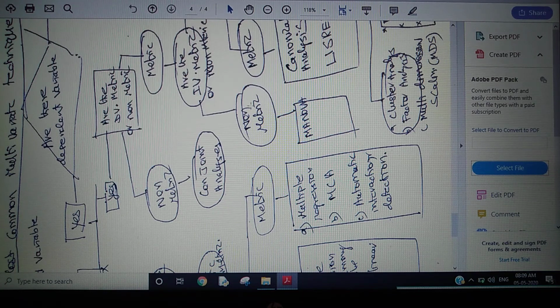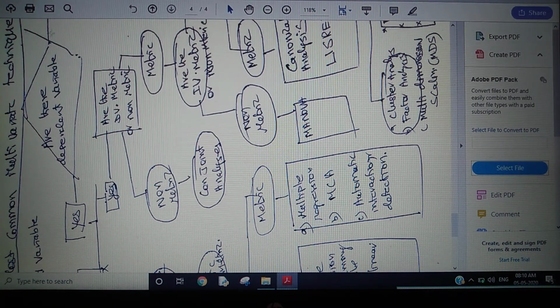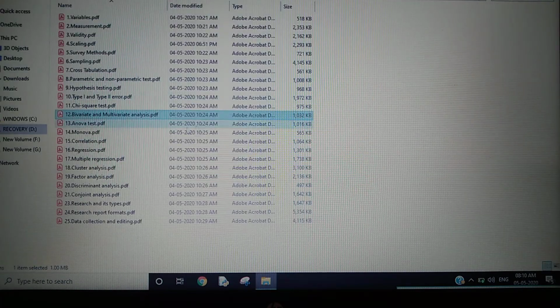Non-metric means a nominal scale or ordinal scale. Then we go for the analysis MANOVA. Are you clear? The dependent variables are more than 1: 2 dependent variables, 3 dependent variables, all metric, and there are many independent variables that are non-metric. Then we go for MANOVA. Okay, we'll come to the MANOVA slide.